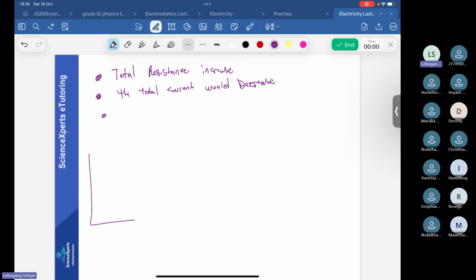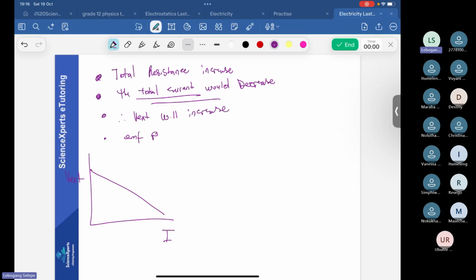You saw that the relationship is this, where we have the V external and here we have the current. As the current increases, the V external decreases. So now our current has decreased, therefore the V external will increase in this case. Then mention that the EMF and the internal resistance remain the same. Then you get your full marks, guys.